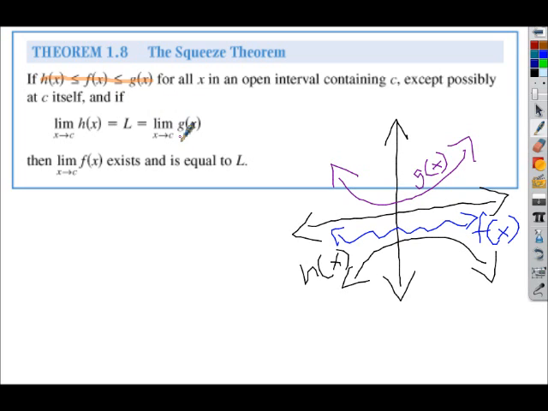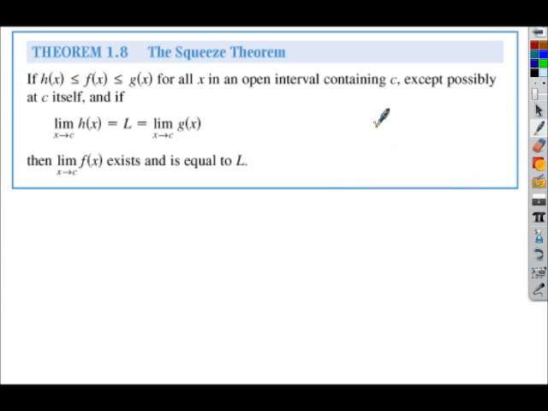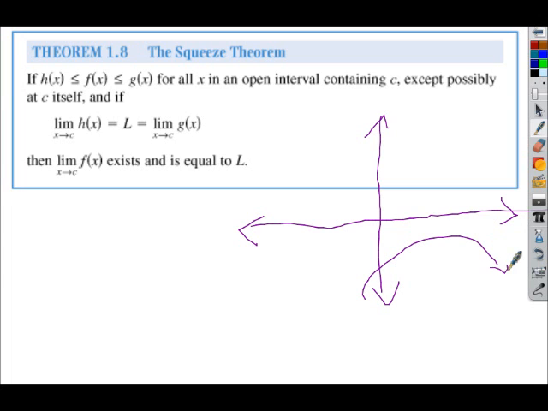at this x value. So I need to redraw my graph to make it resemble what that's saying. So erase all this, start over. And this time I will make h of x, and let's label it h of x, and g of x, I will make them touch, or almost.